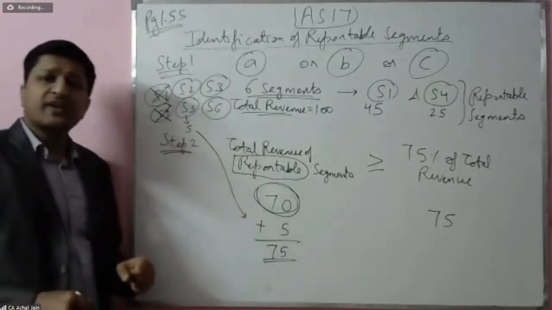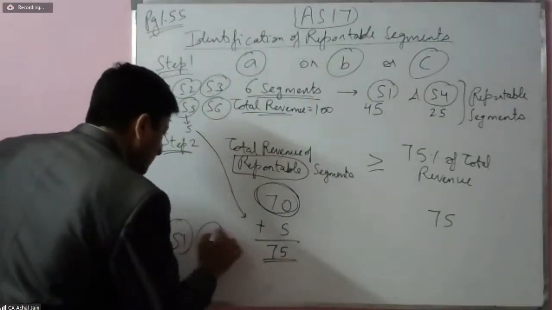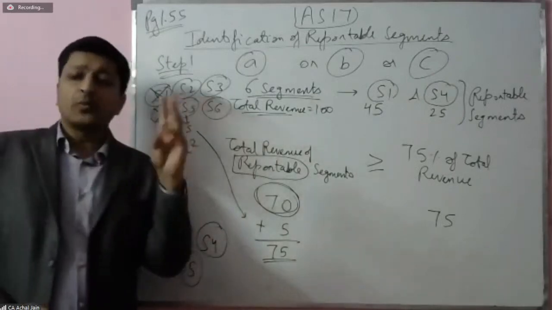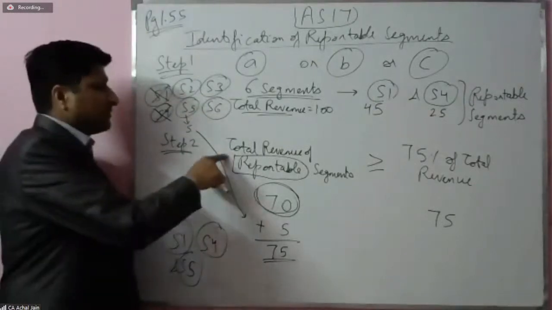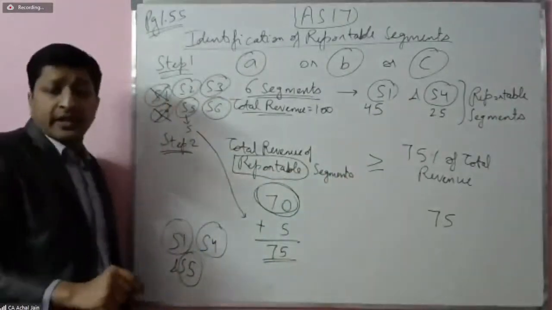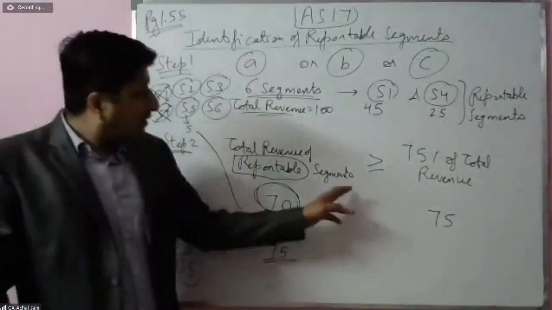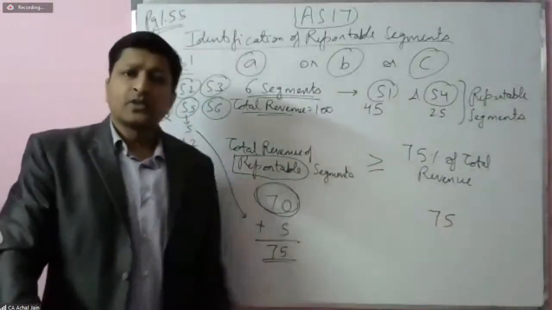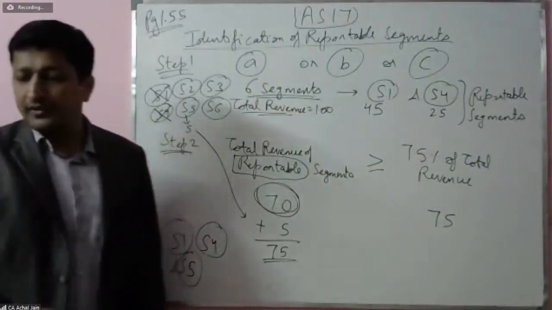Now, as a result of this, what has happened? S1, S4, and S5, 3 have become reportable. Standard says if you check this and you find that your reportable segments are less than 75%, then make more segments as reportable such that total revenue of reportable segments should be at least equivalent to 75% of total revenue.